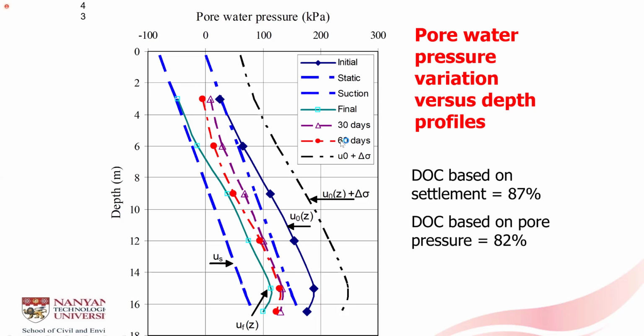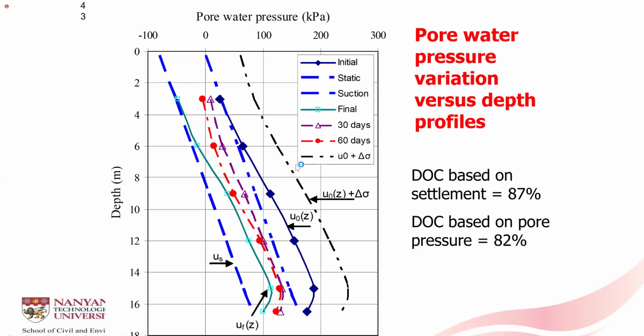Of course, if you go to 60 days, the pore pressure will go to the solid red points. But remember, in between, we have to apply the 40 kPa excess pore water pressure. Once the fill surcharge is applied, the excess pore pressure will be generated, so the pore pressure will have to be on the right-hand side, by 40 kPa, of the initial pore pressure.